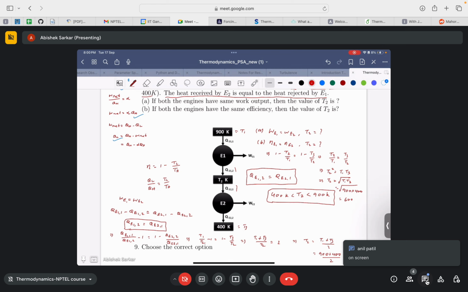But still, on screen, I will confirm with the NPTEL management and let you know in the next session. No, this won't be allowed, I guess. You cannot change in the tab.